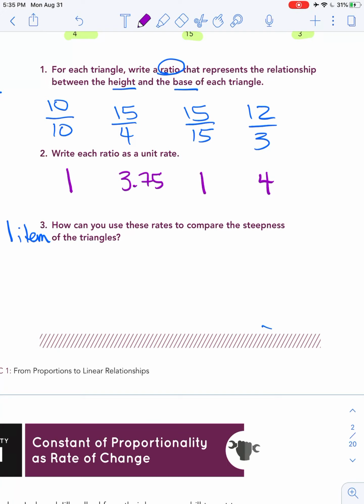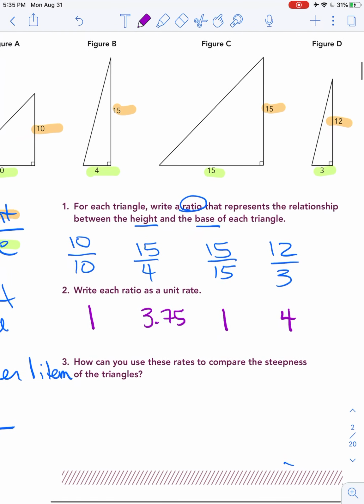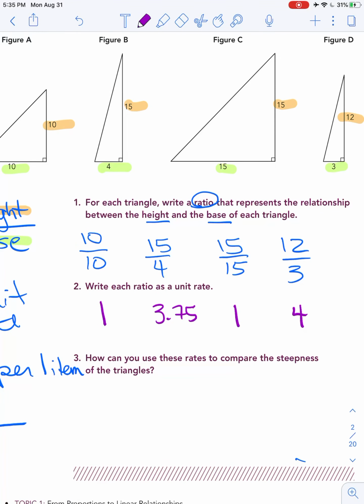So the next one says, how can these ratios compare to the steepness of the triangle? If I look at how steep they are, the first one and the third one have the same steepness because they have the same unit rate. Now, this one has a unit rate of 3.75. This has a unit rate of 4. They're both steeper than the other two, but if we look closely, the fourth one is actually the steepest one.